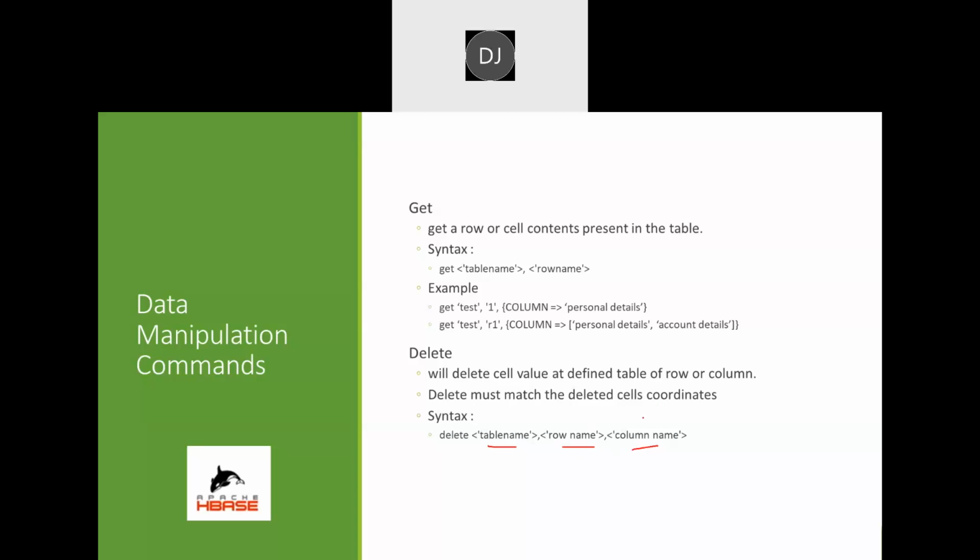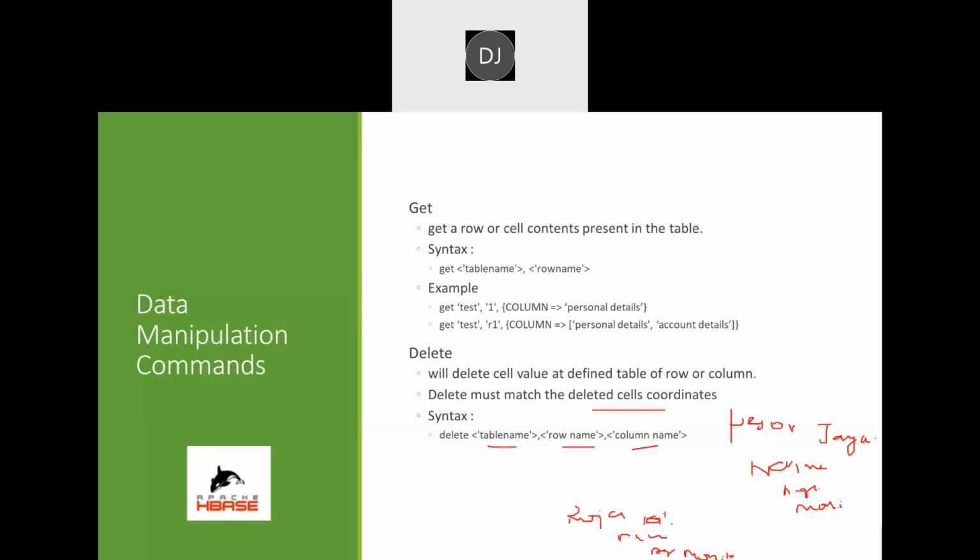What it means is, deleted cell coordinates, you remember, for personal information. For the personal information column family, we keep adding name, age, and mobile number. And another personal information, say for example, this I have added for myself. And for Roja, I am adding name, age, mobile, and address or city.